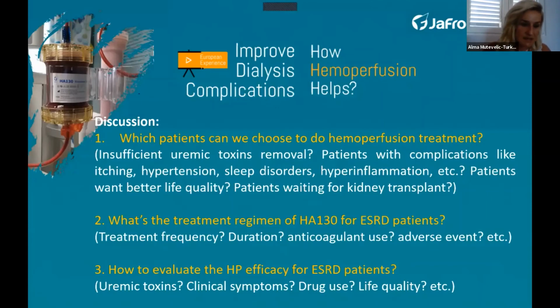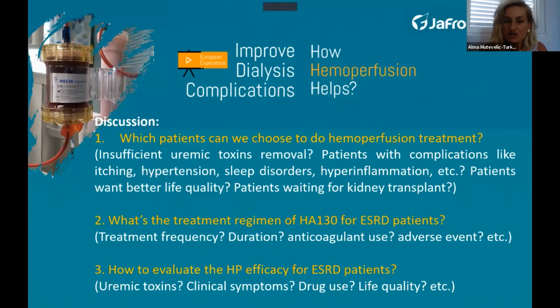When it comes to the duration, we did a treatment of 4 hours together with hemodiafiltration. We used the same anticoagulant dose that we were using for regular hemodialysis treatment. About adverse effects, we had no allergic reaction, but we did have clotting in the system two times, in 2 patients.